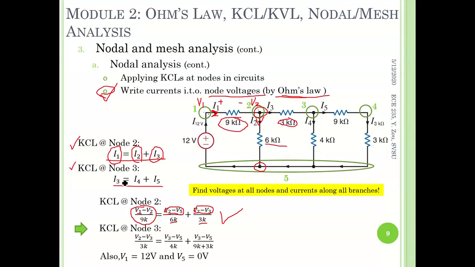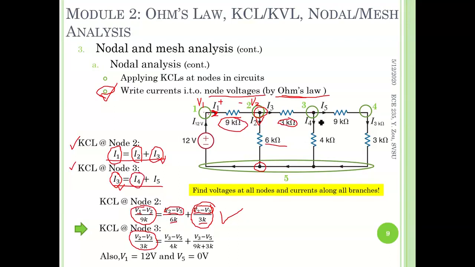Next, let's rewrite the KCL at node 3. First, we need to take care of I3, following the same idea. Actually, we are copying the last term from the previous equation. We already rewrote I3 over there, right? So we just copy I3 here. And then we take care of I4 here.